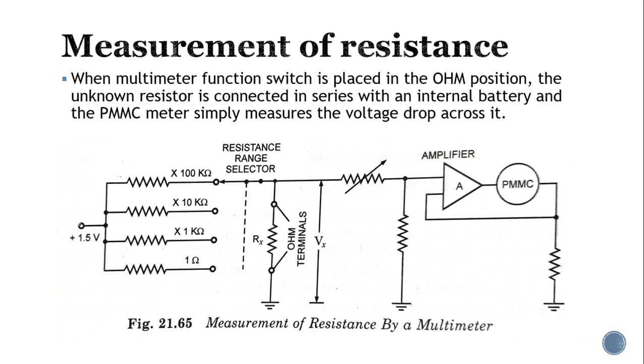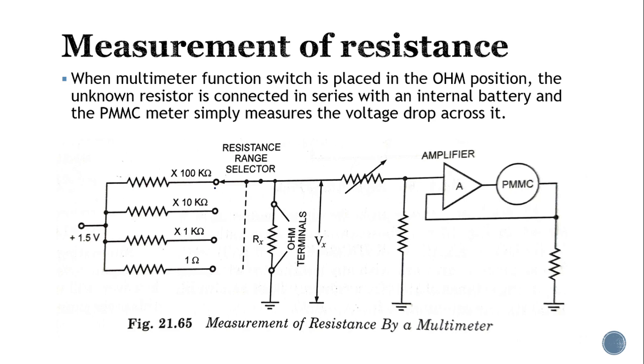You give a particular voltage to this resistor combination. If you are taking the 100 kilo ohm range, the 100 kilo ohm and your unknown resistor are both in series.